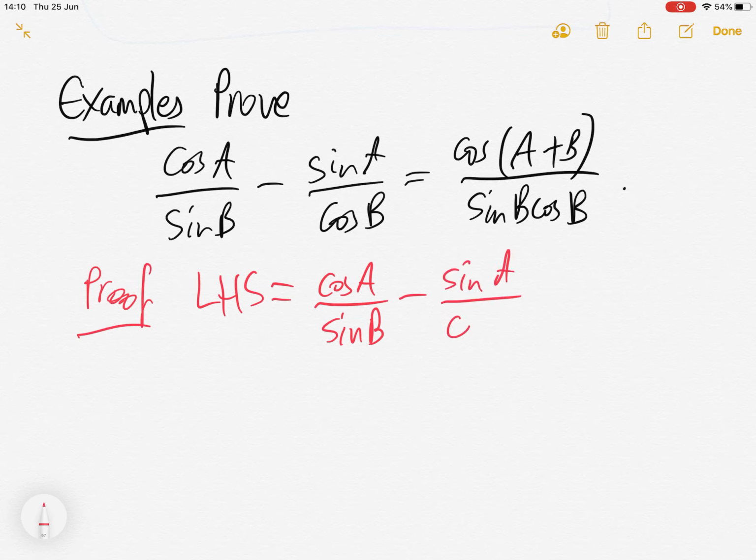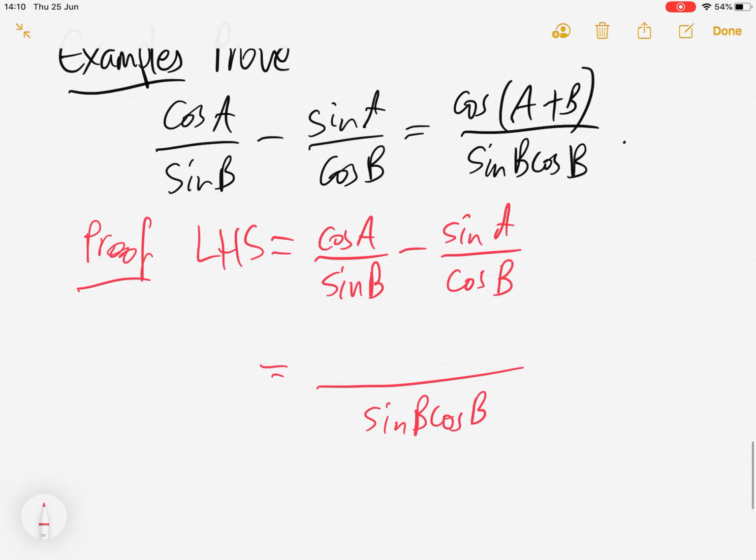But the reason I want to start with this side is I can combine everything into one fraction. You might be thinking also, you could start with the other side and then use the addition formula. That would be perfectly valid as well. But I quite like the idea of combining everything into one fraction. So the common denominator is going to be sine b cos b.